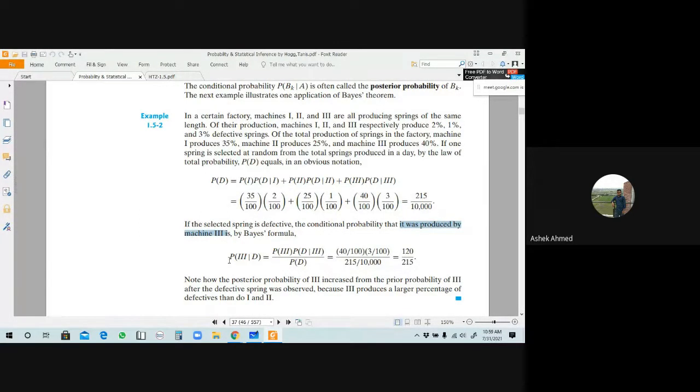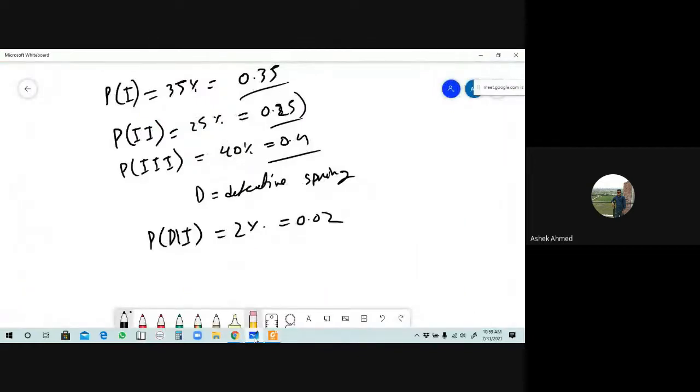If the selected spring is defective, from here you have to find out the probability that the spring is from machine 3. তৃতীয় machine থেকে সেই স্প্রিংটা ওঠার probability কত? This represents the probability of 3 given D. Understand? এটা কিন্তু আমাদের মেইনলি এখানে বের করতে হবে.